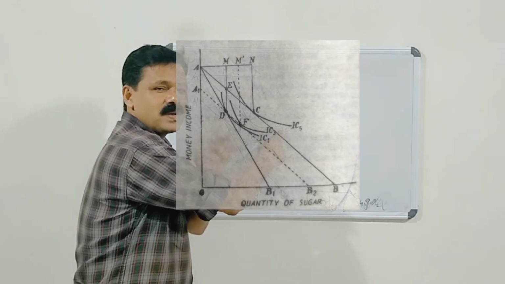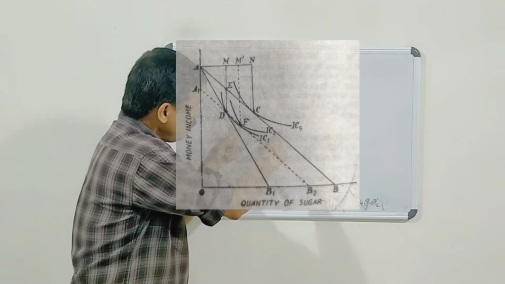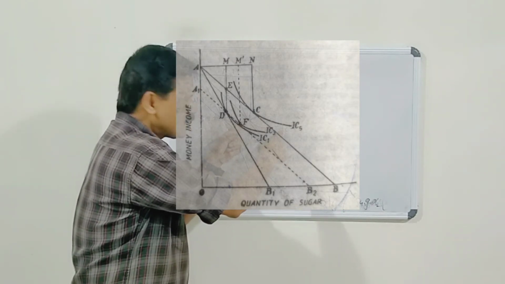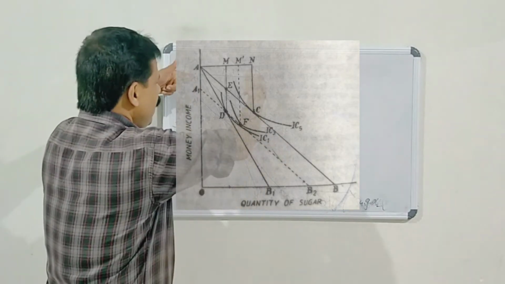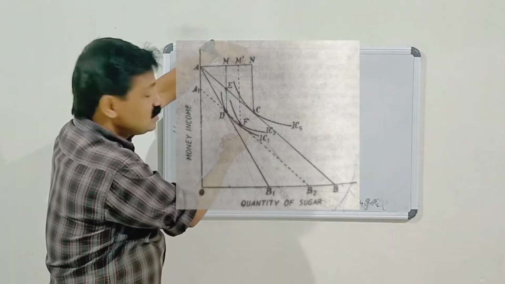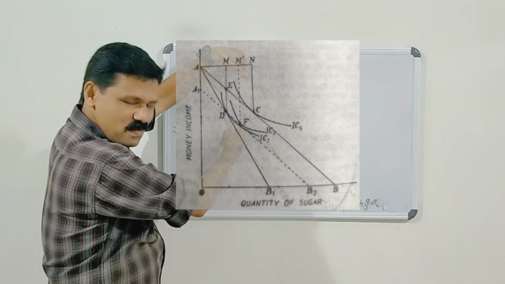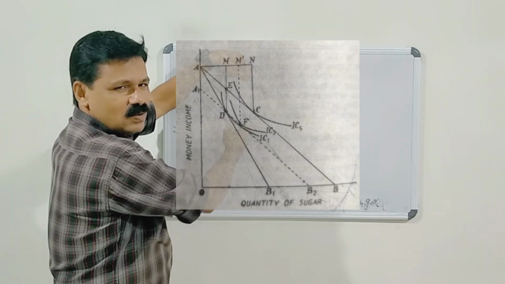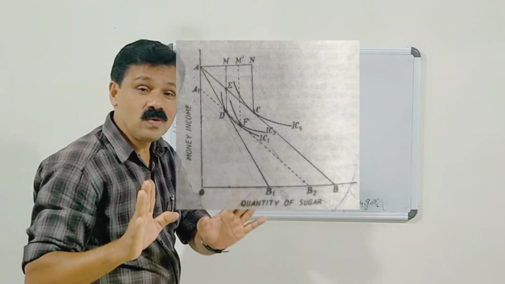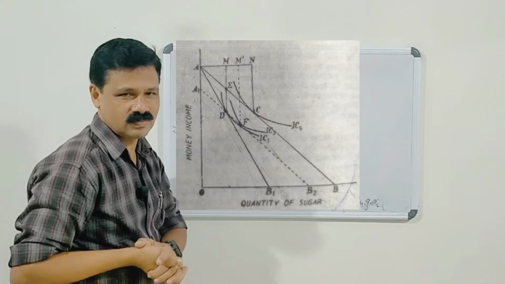IC5 represents a comparatively higher indifference curve, which means at point C, the consumer can purchase AN quantity of sugar by spending NC amount of money, and he is deriving maximum satisfaction. This is the case before the imposition of the tax, direct or indirect.